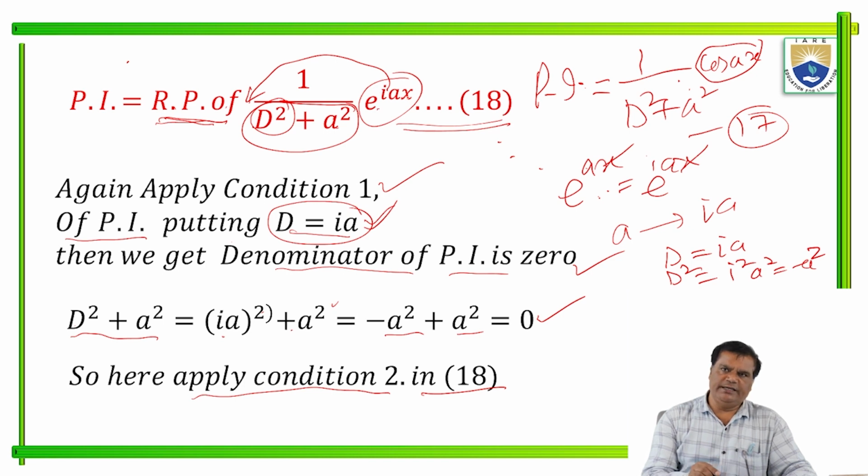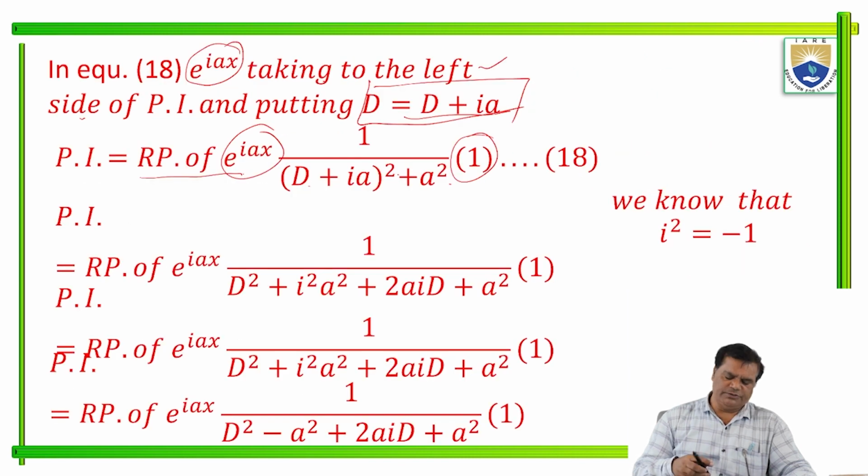This e to the power iax is the exponential function. This function goes to the left side of the particular integral, multiplied by 1, and we put d equal to d plus ia. So our result becomes 1 upon (d plus ia) whole square plus a square, into 1. This is equation number 20.